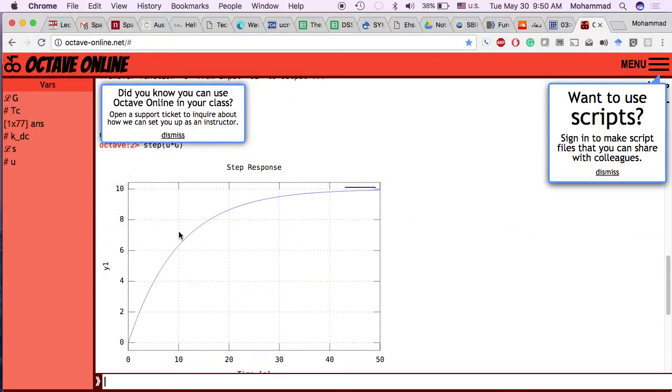What is the 10% vicinity of 10? It's getting to roughly 9. 10% of 10 is 1. So if you get to a neighborhood of 1 of 10, it should take about 23 seconds, and it's roughly correct.